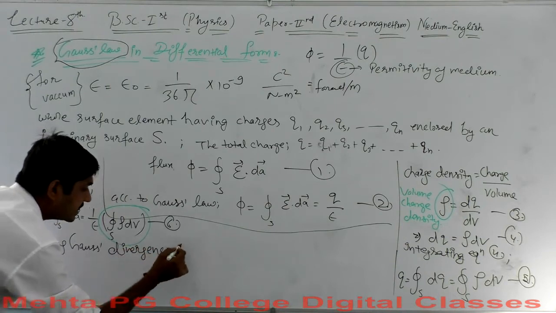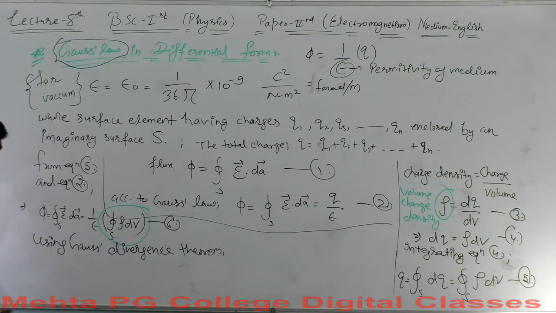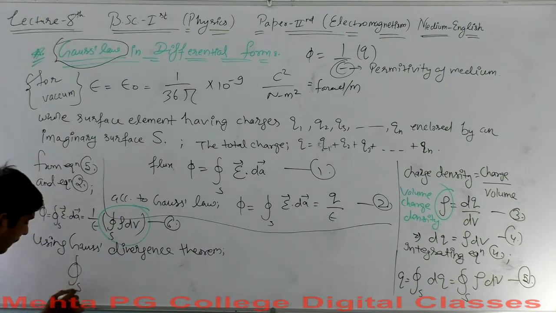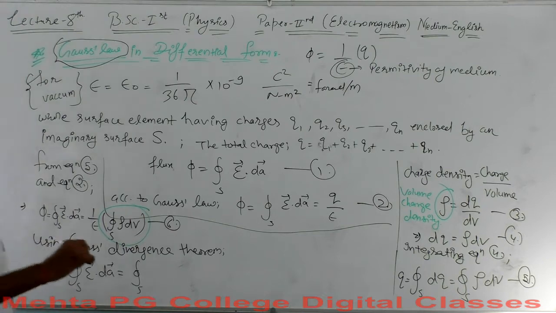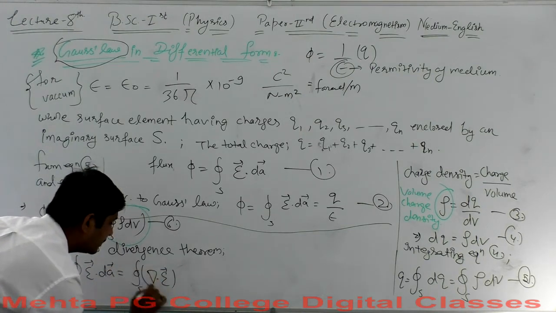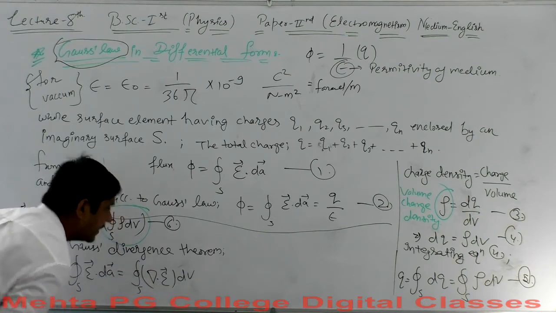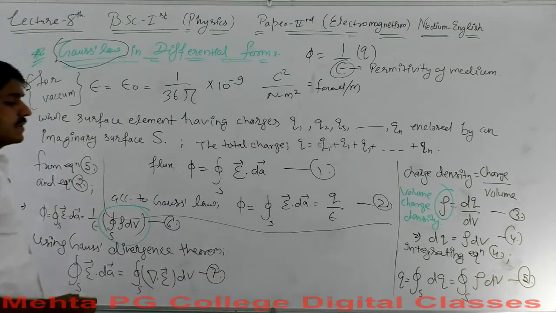Using Gauss's divergence theorem, the integral of E dot dA is equal to the integration over closed surface of del dot E dV. Let's say this is equation 7.